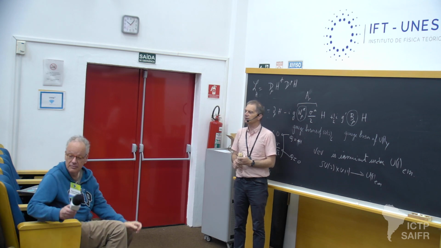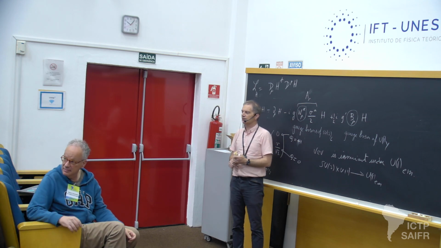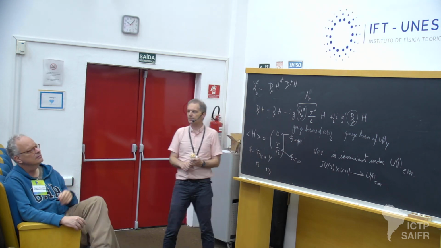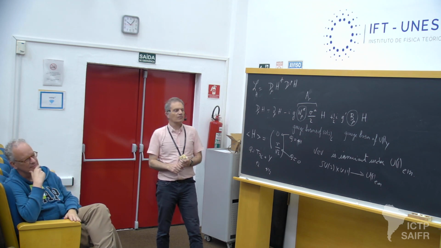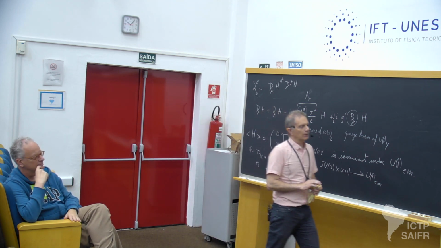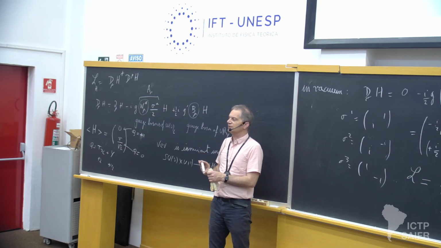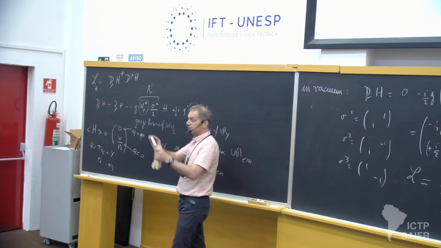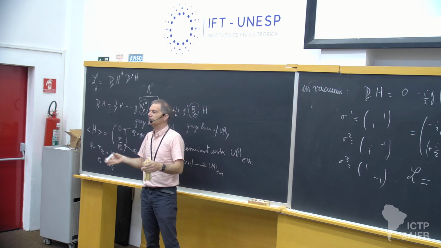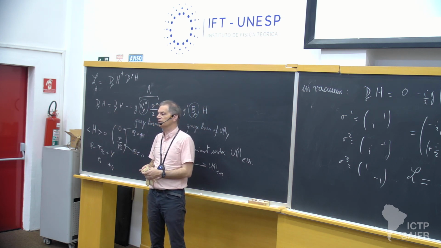Could there be a similar term for a right-handed neutrino, with the first Yukawa? In the standard model, you only have the left-handed neutrino. Of course, in principle, you could add, in the big table of the particle content, the right-handed neutrino.